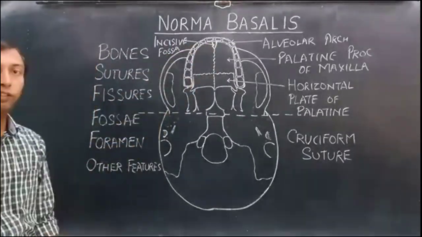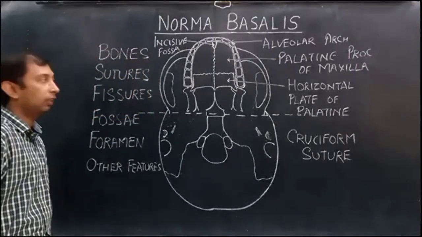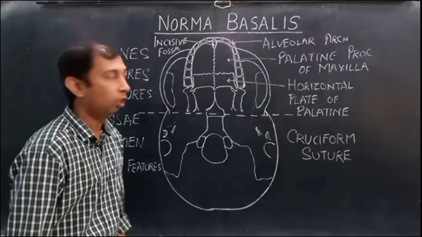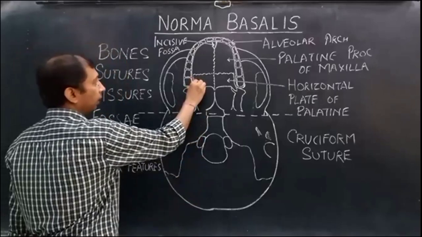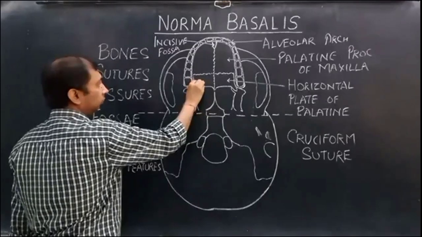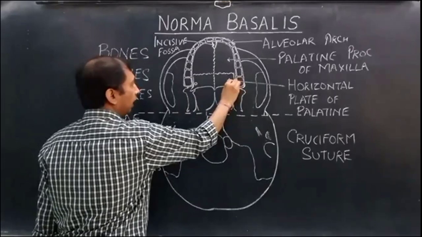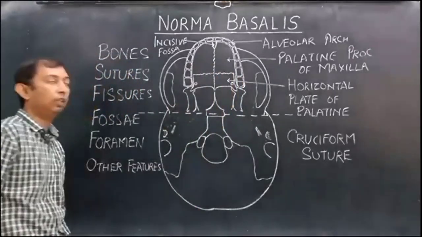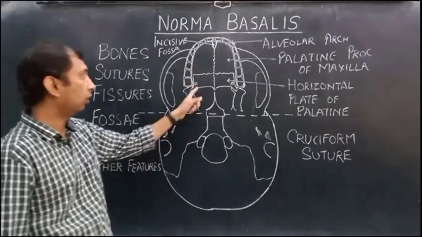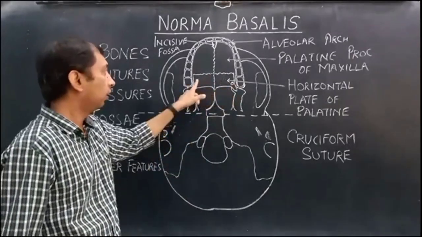Now let us see what are the various foramen. So the most important foramen in the anterior part of the Norma Basalis is the foramen that is present right here, just at the posterolateral angle of the palatine bone. One foramen here and its counterpart on the other side, right?